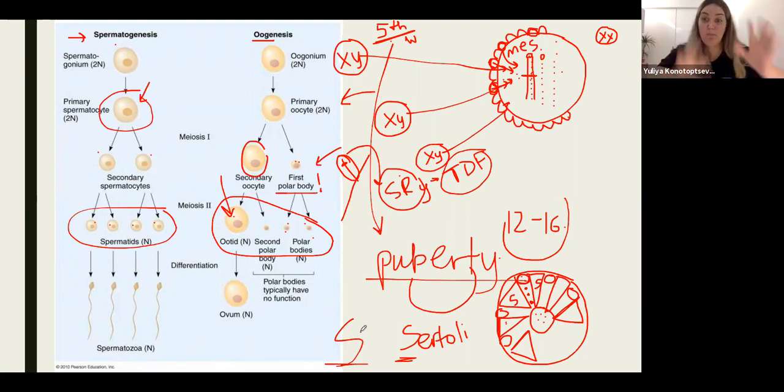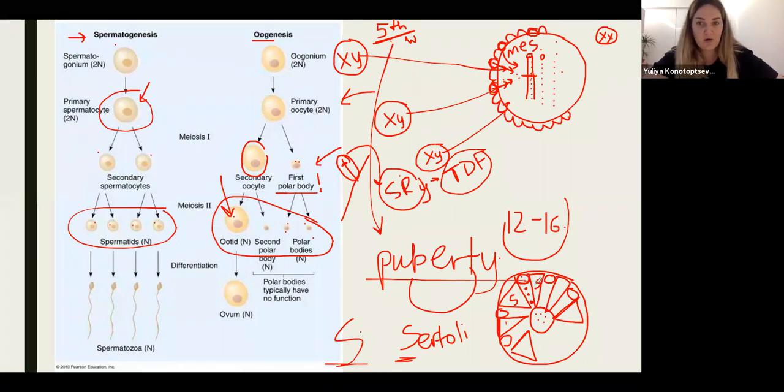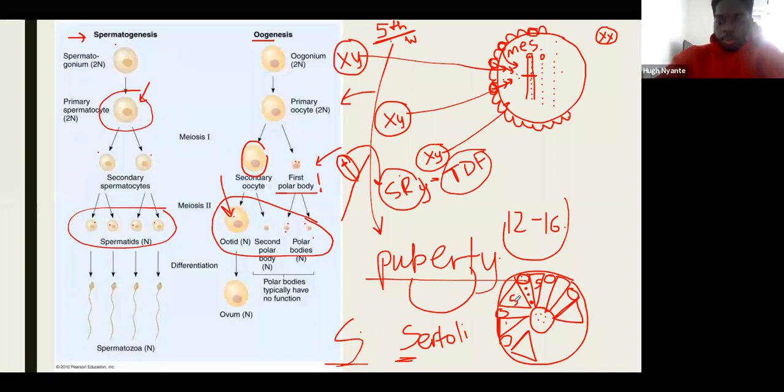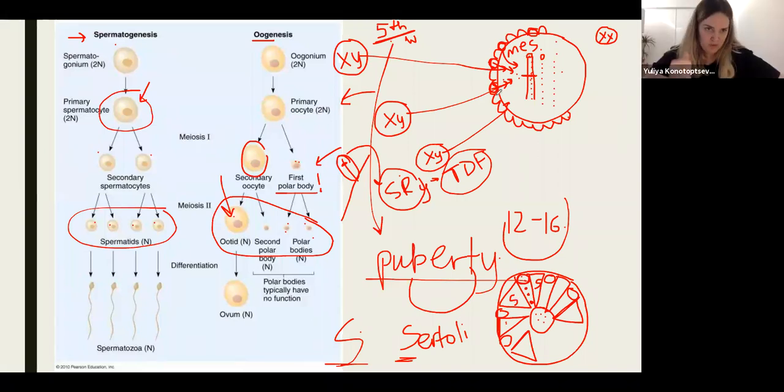So they're going to be supporting this entire process from A to Z. So I repeat, we have two Sertoli cells here. Where did these Sertoli cells come from? The surface cuboidal epithelium of the gonad.